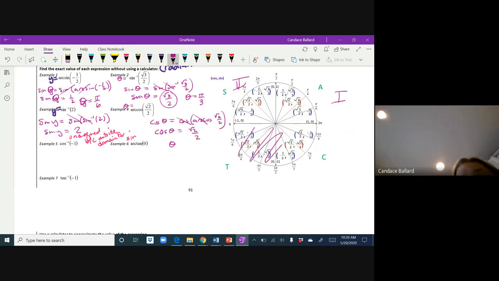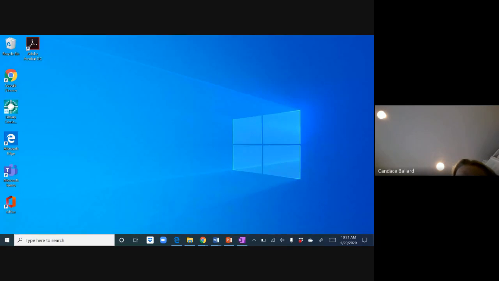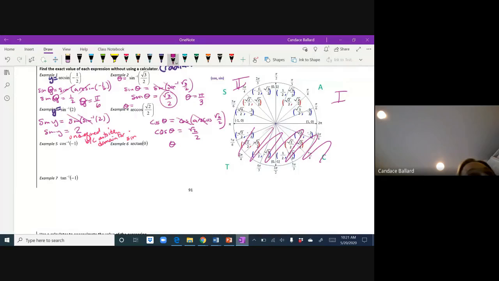So I'm ignoring the bottom part of the unit circle. This time it's the x part of the coordinate. So I'm looking for where the x part of the coordinate is positive square root of 2 over 2, and I'm reading the matching corresponding radian measure. So my radian is pi over 4.